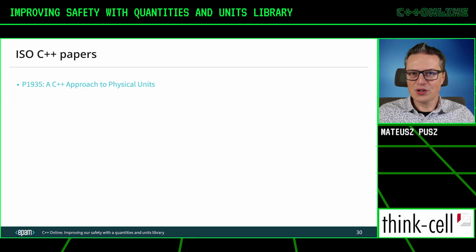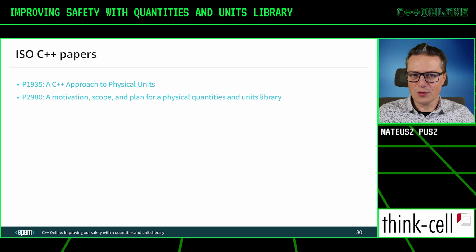As I mentioned, we also started the standardization of this library. A few years ago, I provided paper P1935, which was a discovery of the subject for the committee, basically a paper introducing the subject for standardization. And only recently, during the last meeting in Kona, I provided the first papers with mp-units interfaces to be standardized.